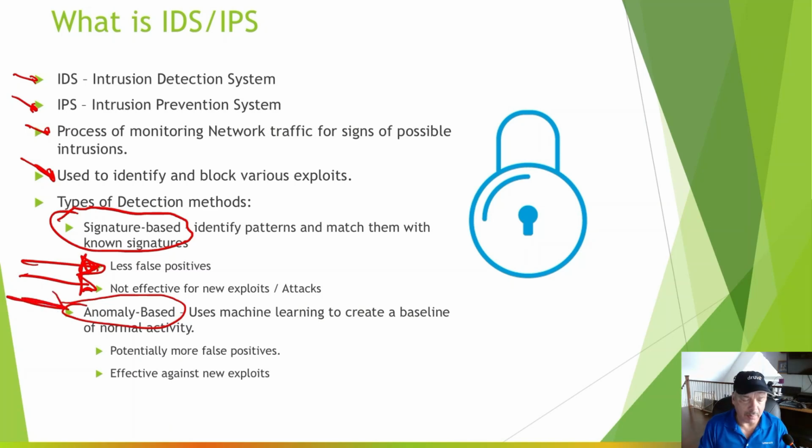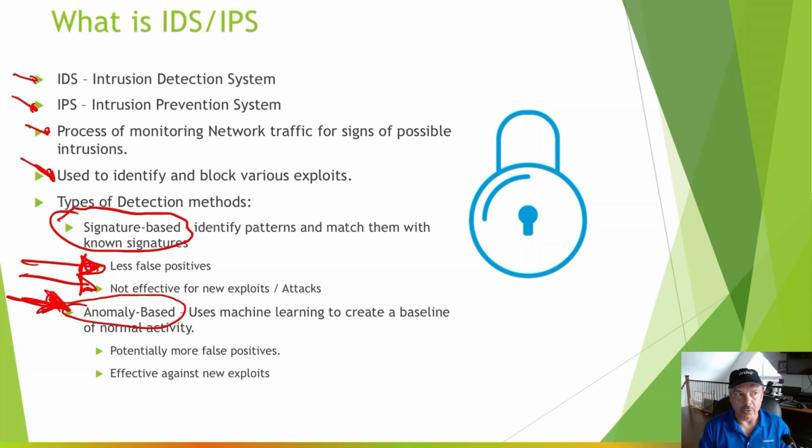Now, what's anomaly based? There are different levels of anomaly based, but it uses something like machine learning. It looks at your environment, analyzes the traffic, and says, hey, this is normal day-to-day stuff. And then when it sees something that's a little bit off, not quite normal, it can flag it and say, that doesn't look right to me, we better stop or block it.